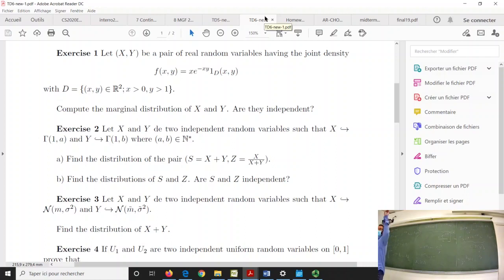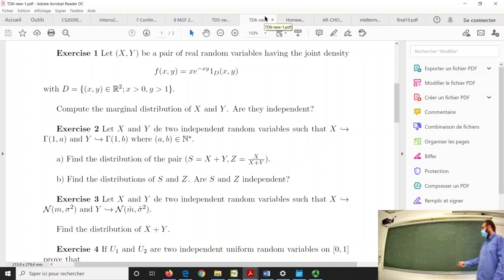I know that it will correspond to independent components if I am able to separate, from one side the variable x and from the other the variable y. Here I have this term, exponential of minus xy, which I will never be able to separate into a mapping depending on x and a mapping depending on y. So directly on the density function, I can say that they are not independent.